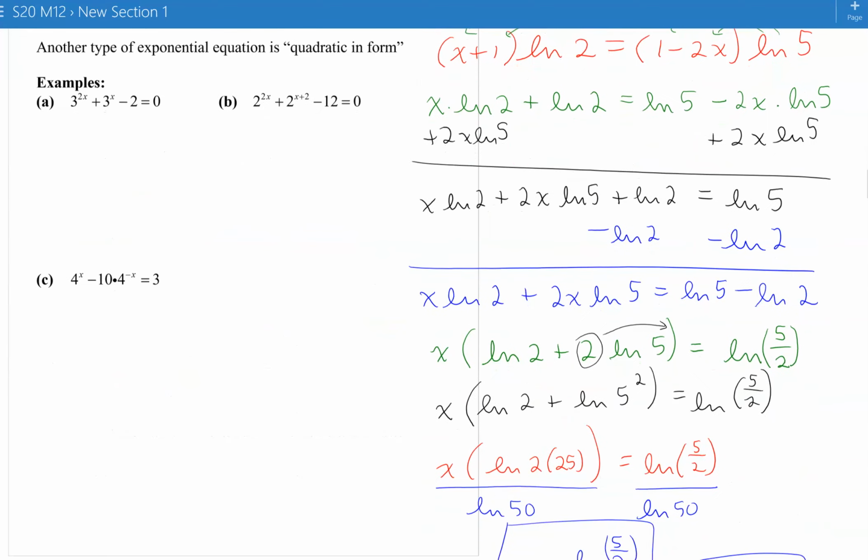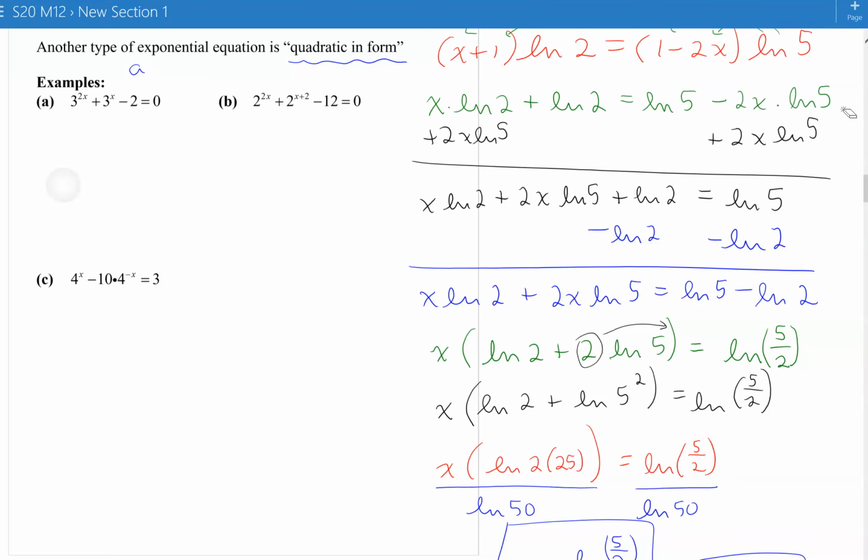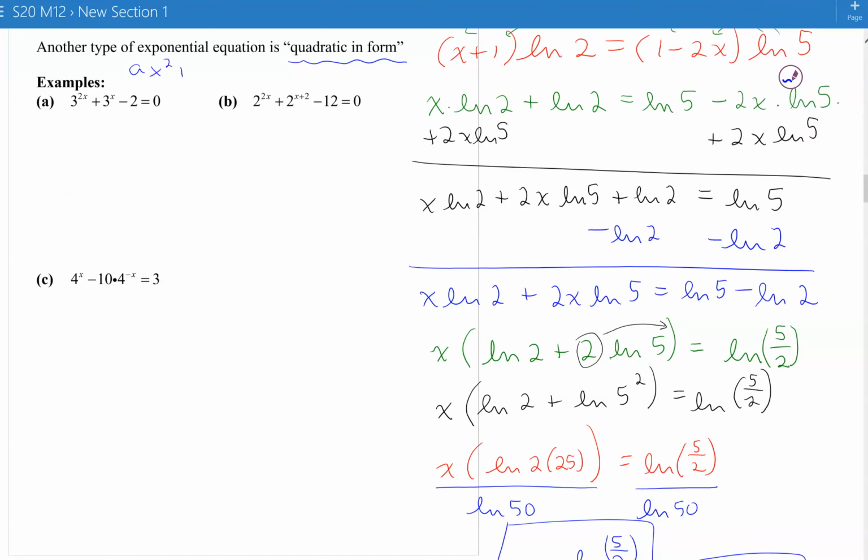Now we need to look at another type, and we're going to revisit that idea again of quadratic in form. So remember, the quadratic in form looks like ax squared plus bx plus c equals 0.